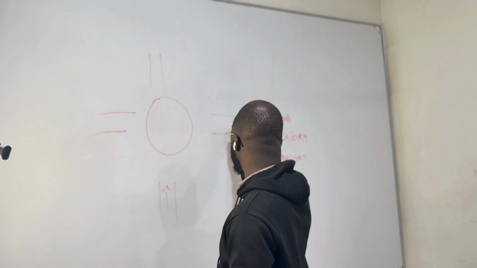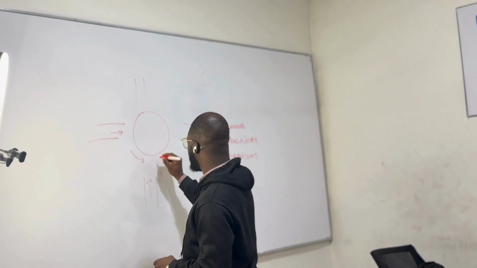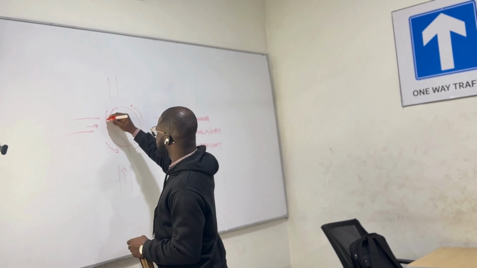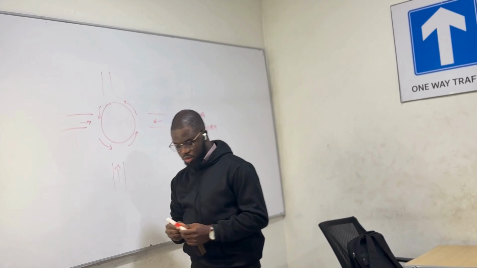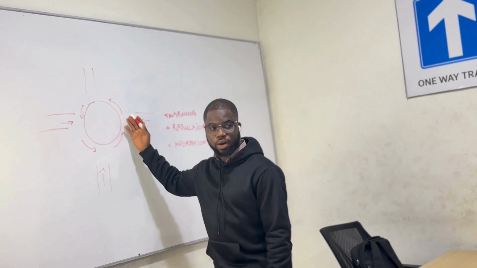Let's say we have these cars here. I'm just using the arrows to represent vehicles, right?